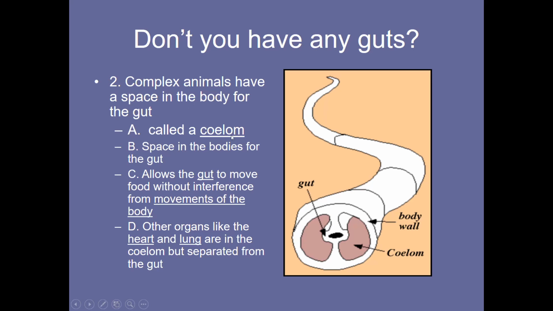It's called a coelom. This allows the gut to move food without interference from movements of the body. Other organs like the heart and the lung are in the coelom but separated from the gut. So there's your gut, here's your coelom, and here's your body wall.